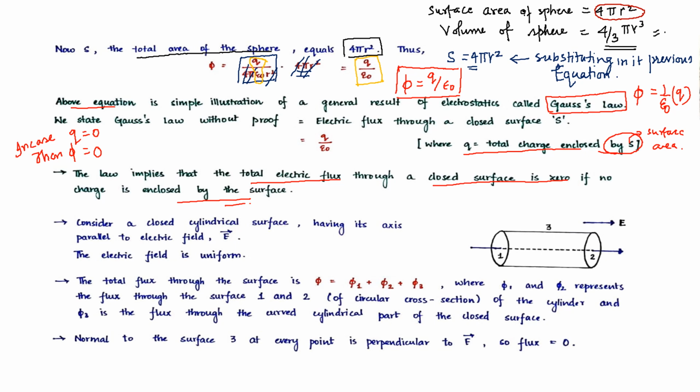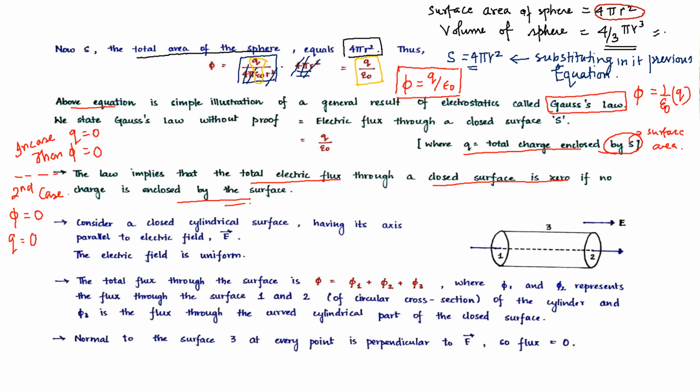But we'll consider a second case. In this case, someone told us that from the given surface we find no flux coming out. In the surface there is 0 flux, the value of xi. So vice versa, we can state that this surface does not contain any charge.